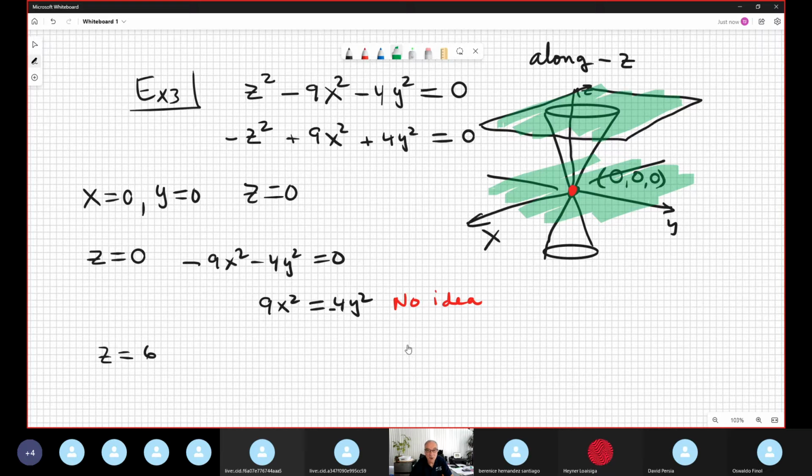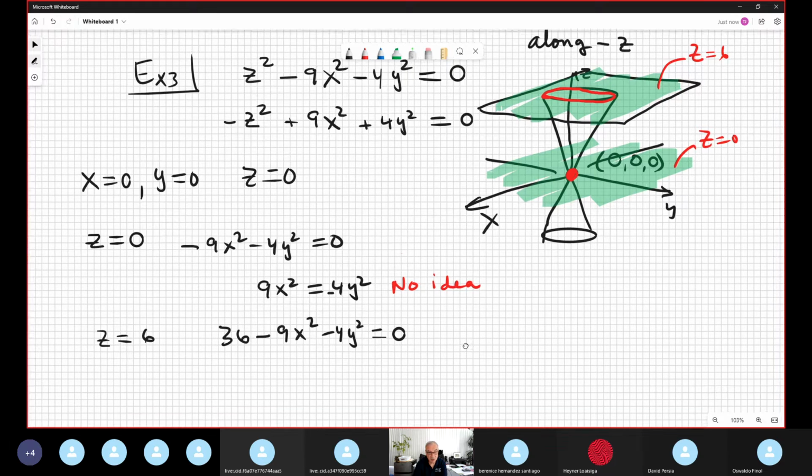And this plane maybe generates one ellipse or circle, right? This is the plane Z equals 6. This is the plane C equals 0, que gives me one stupid point. Entonces 6, es plugging in, es 36 minus 9x squared minus 4y squared equals 0.